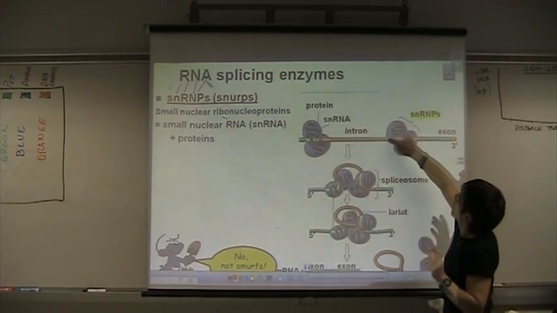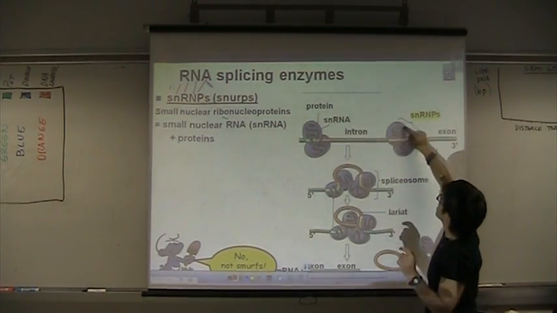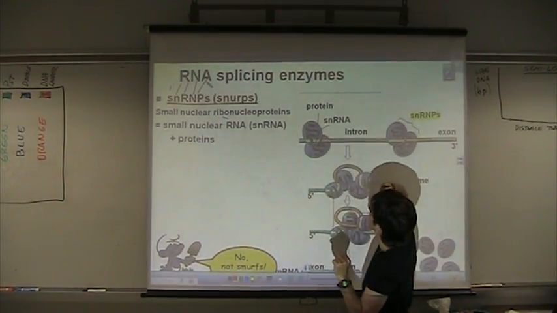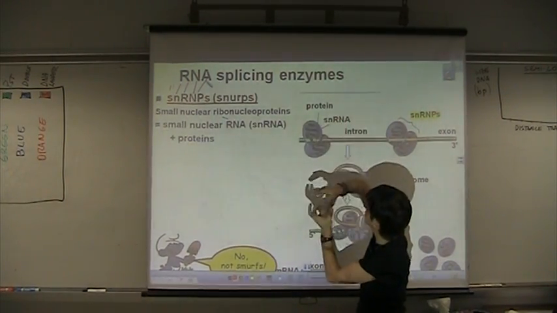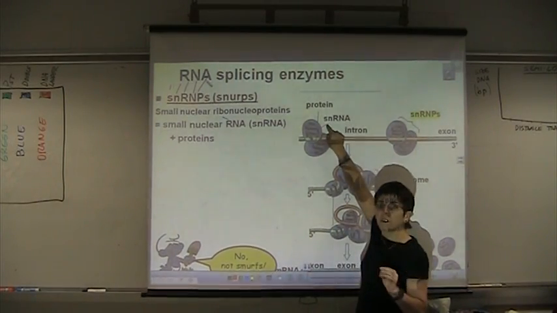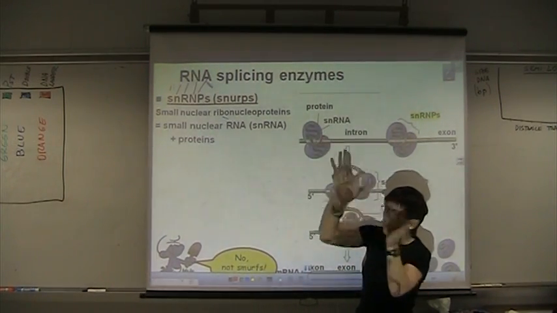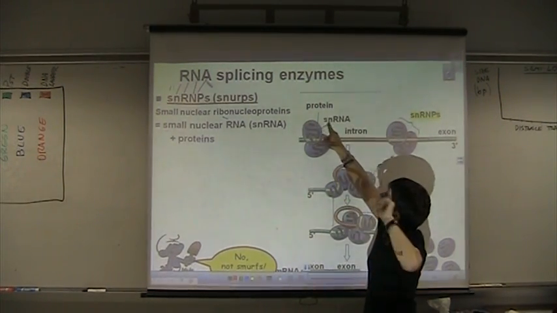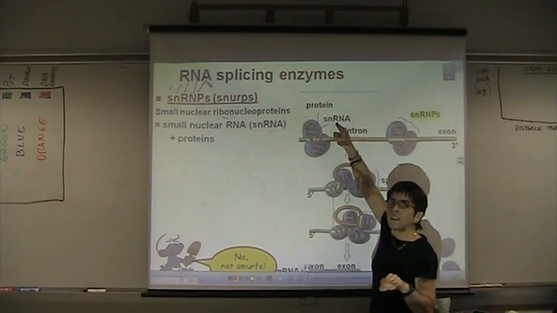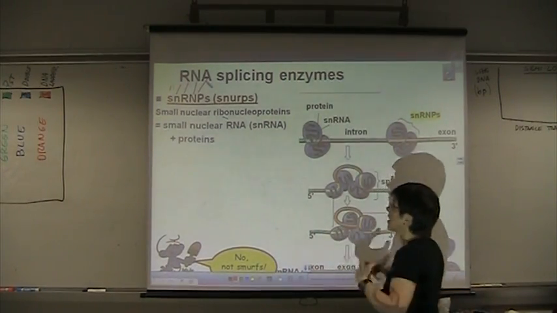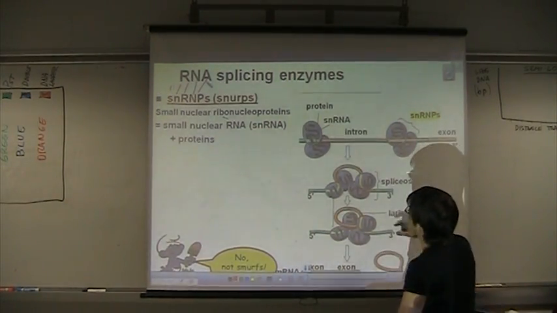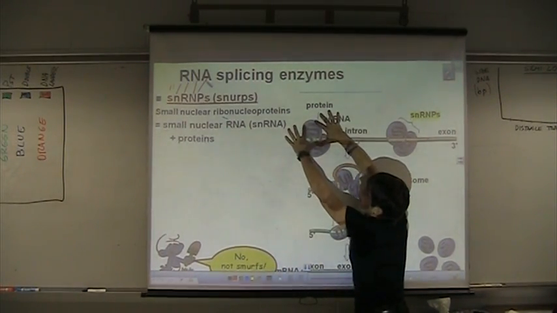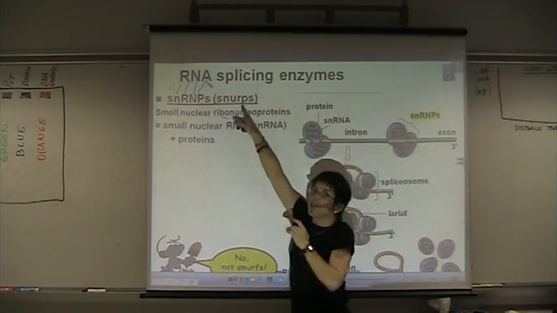Now, each SNRP is really made out of two components, a protein molecule, together with a special type of RNA called small nuclear RNA. So this is a different type of RNA that we had not seen before. So small nuclear RNA plus protein makes this blob that is a SNRP.